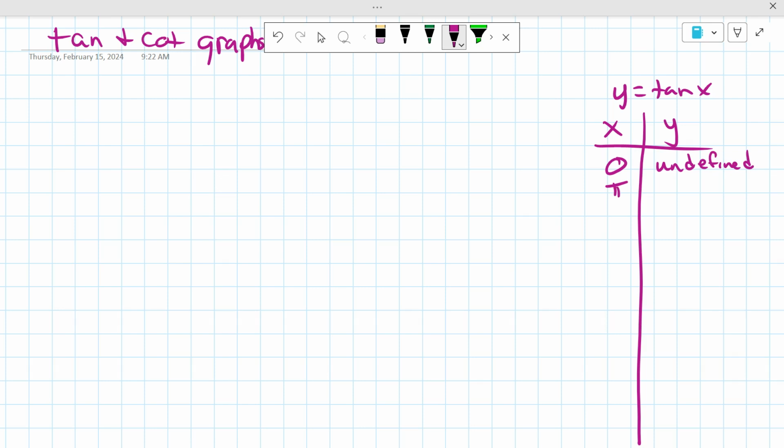All right, pi over 4. What's tangent of pi over 4? 1. Tangent of pi over 2. What's 0 divided by 1? 0. 3 pi over 4, negative 1.